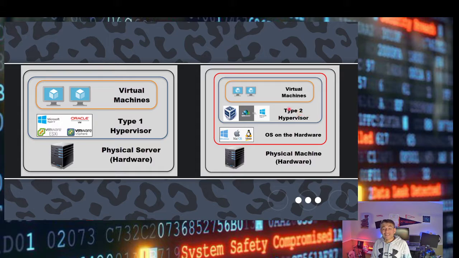So you install the type 2 hypervisor software that I am pointing at right here on top of the operating system that is running on your desktop computer or on your laptop. That is the typical setup that I have shown in other videos that I have run.